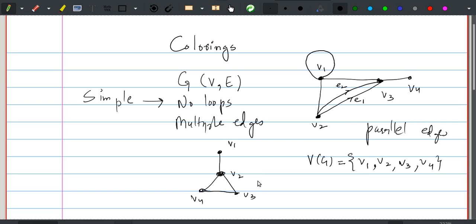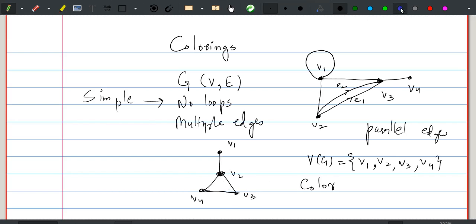Now let us do one thing, let us color each vertex. So we can color these vertices either using one color or 2 colors or possibly 3 colors, but not more than 4 colors because we have just 4 vertices.